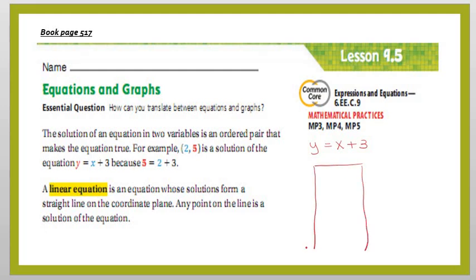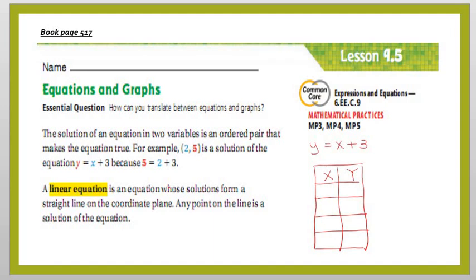Okay. This table has the x value and the y value. And if he gives me some points for x, I need to find the corresponding value for y. Okay? These points, all of them are solutions for my equation.